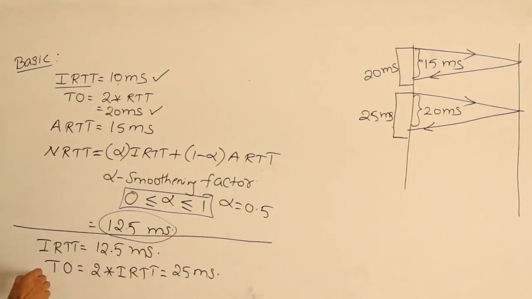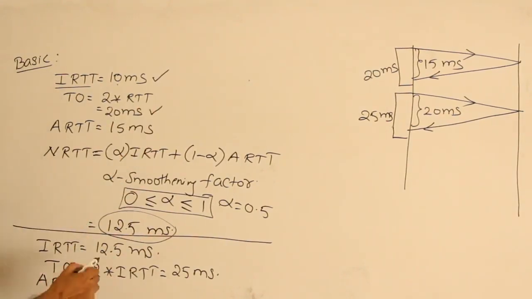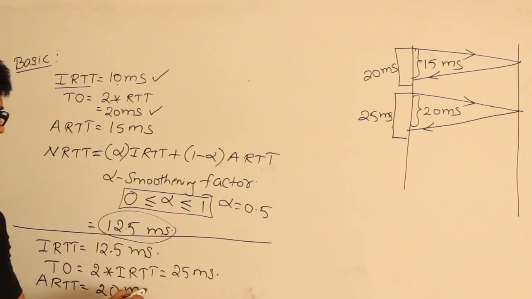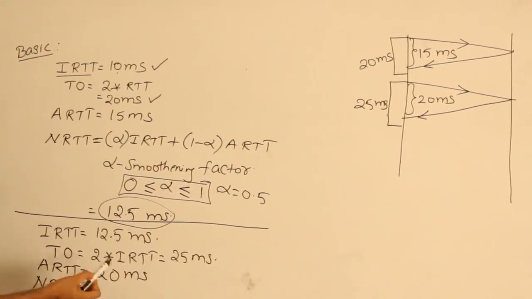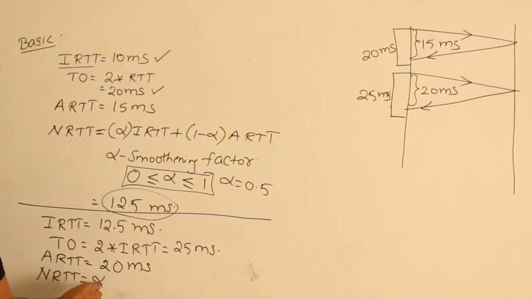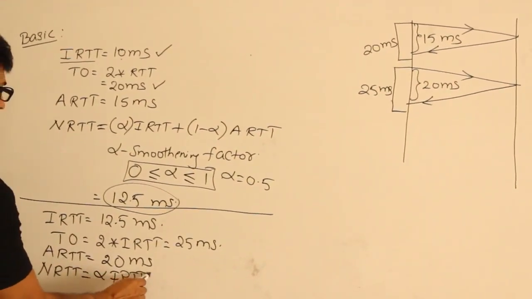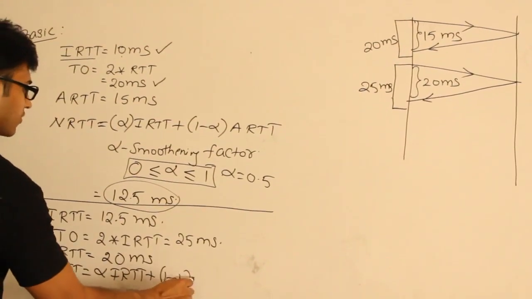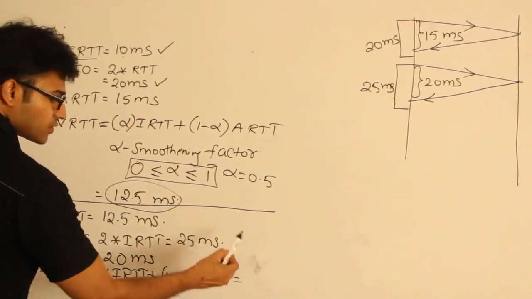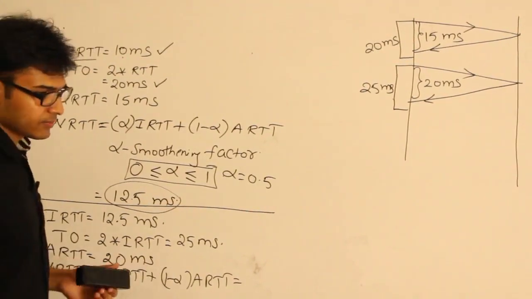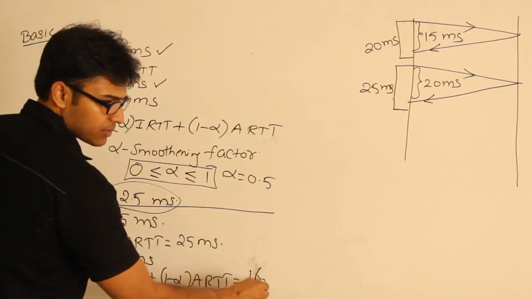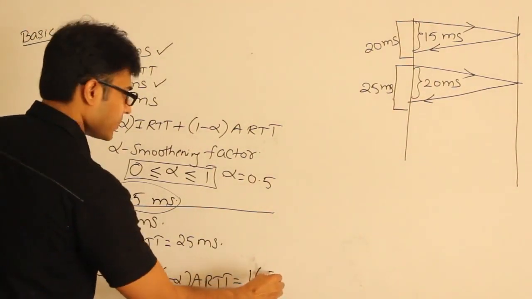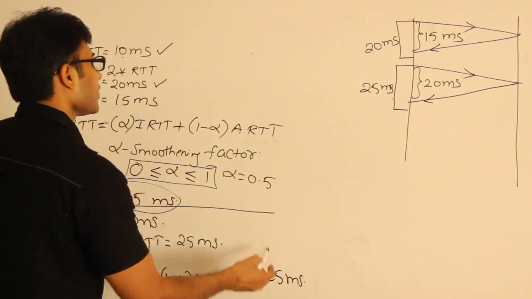So the actual round trip time happened to be 20 milliseconds, right? Depending on these two values, I have to compute the NRTT. So the NRTT value is alpha into IRTT plus (1 minus alpha) into ARTT. If I put these two values, then I get NRTT to be 16.25 milliseconds, right?